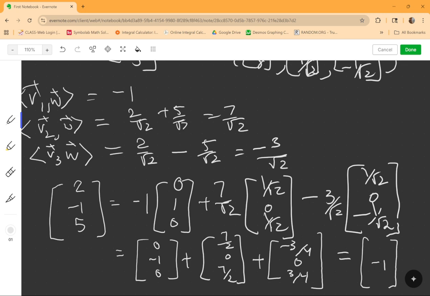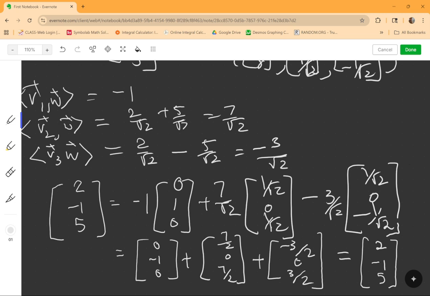And then up top, it should be 2: 7 minus 3 is 4 over 2, which is 2. And 7 plus 3 is 10 over 2, which is 5.